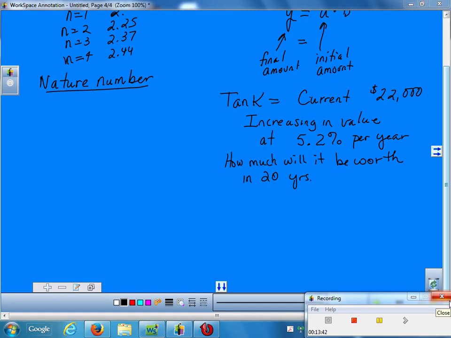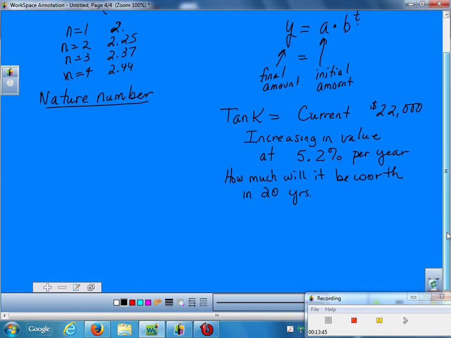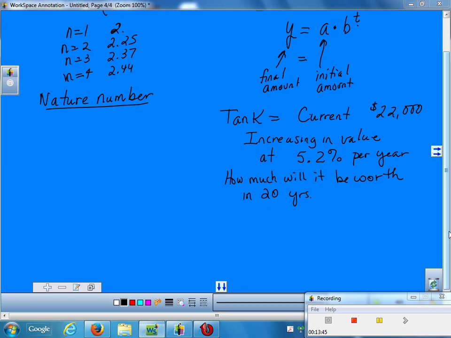Oops, I just ran it off the screen there. Okay. If you'll notice on your sheet, it tells you the base has to be calculated from 100%. Okay, so since ours is gaining, you're going to go 100% plus the 5.2%, which means you're actually at 105.2%.